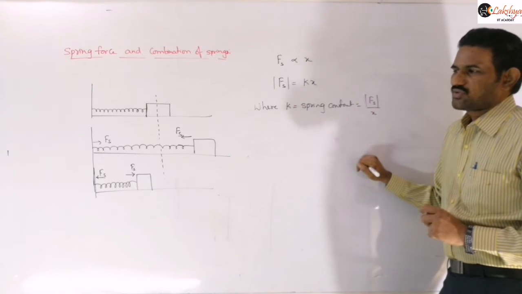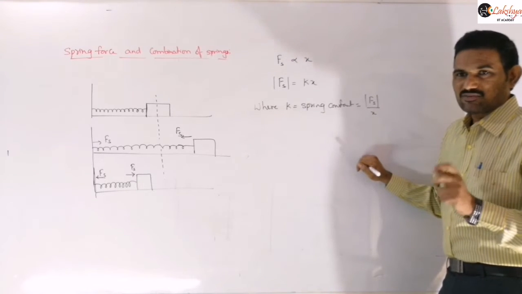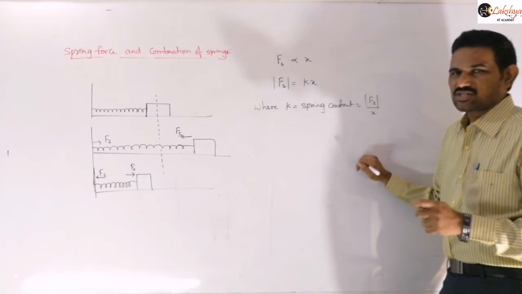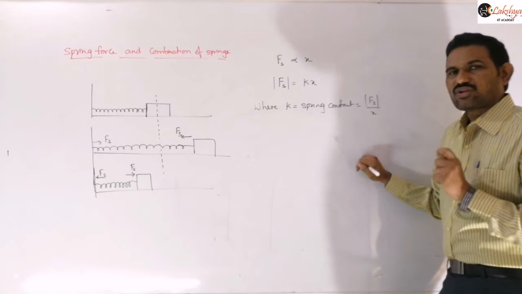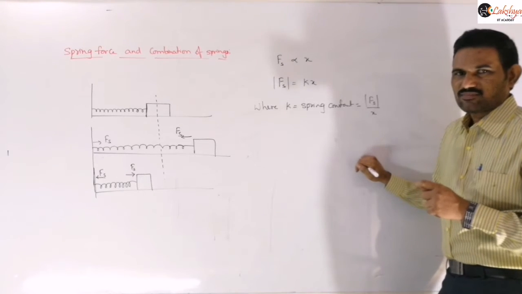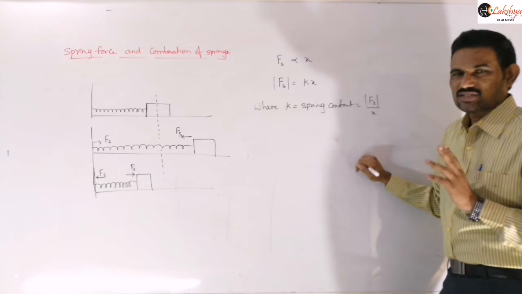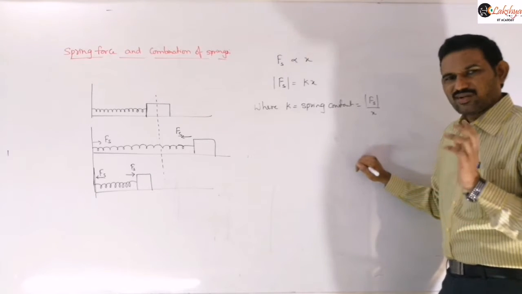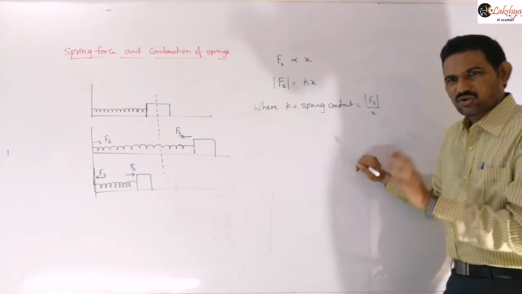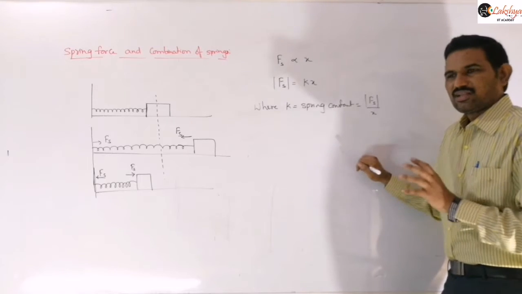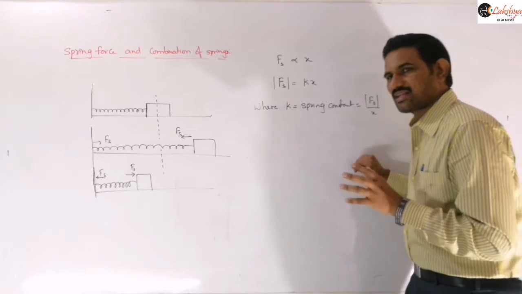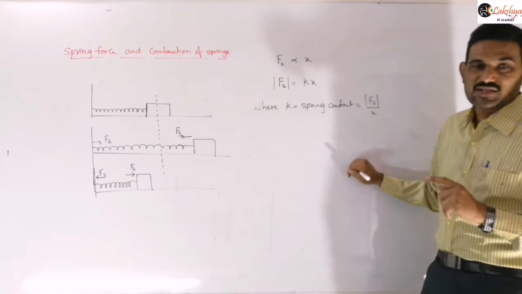Next, there is some difference between the spring force and the tension. The spring force is not an instantaneous force, whereas the tension is an instantaneous force, and about that we will discuss later. That means the spring force does not change suddenly, whereas the tension in the string will change suddenly.